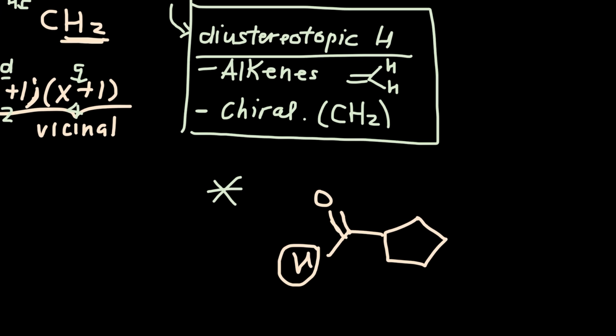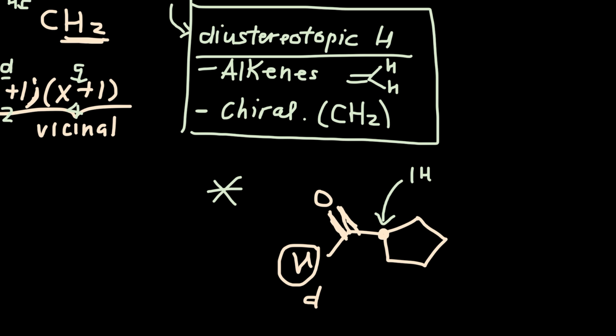Now it looks like there aren't any hydrogens on the adjacent carbon, but this is an illusion. This is an illusion because technically you don't have to draw this H, and you would actually have to consider the hydrogens on this side. So there's one hydrogen on this side, so this would actually be a doublet, not a singlet.